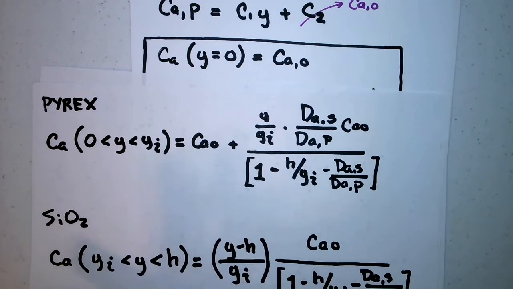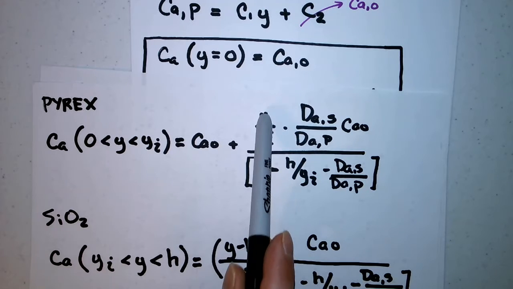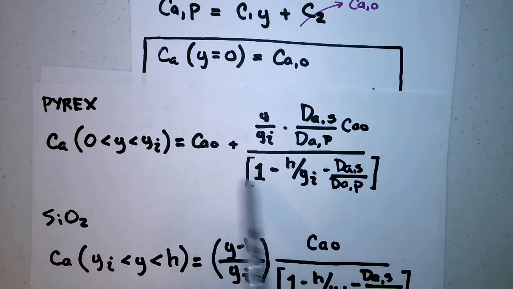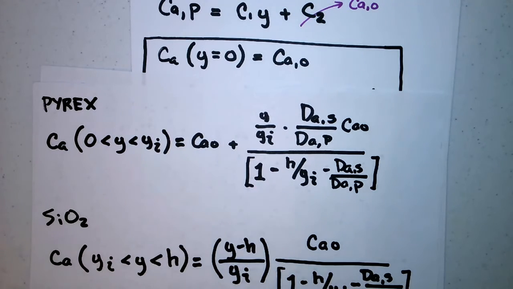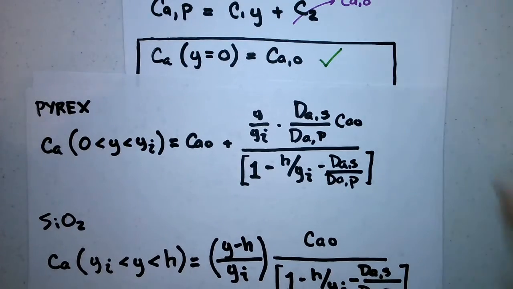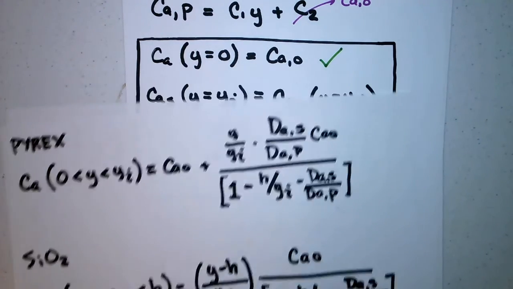And it looks like we don't need to do too much work here. If we plug in a 0 for y, this term goes away and we get that the concentration of A equals the original concentration. So good, we've satisfied this boundary condition.